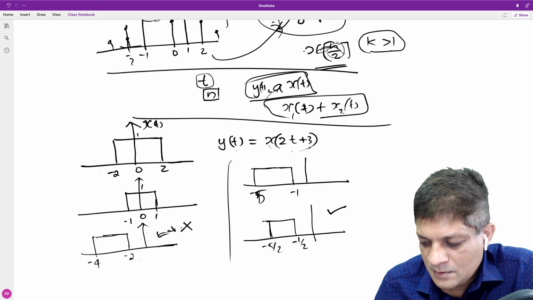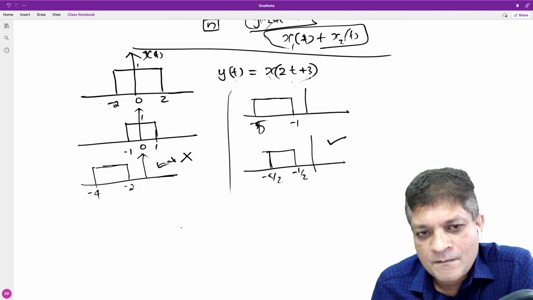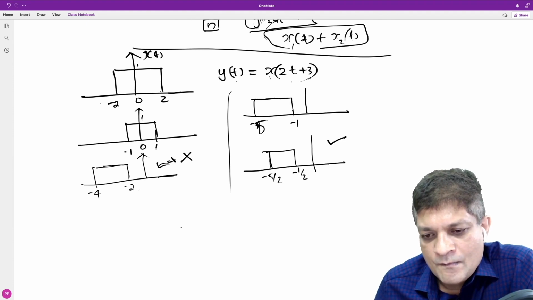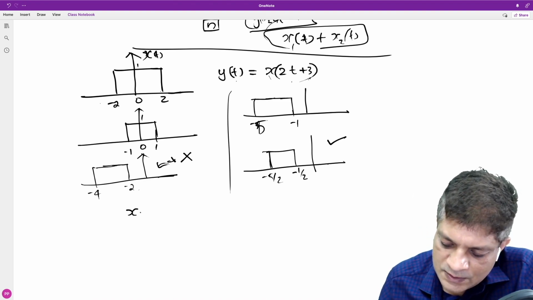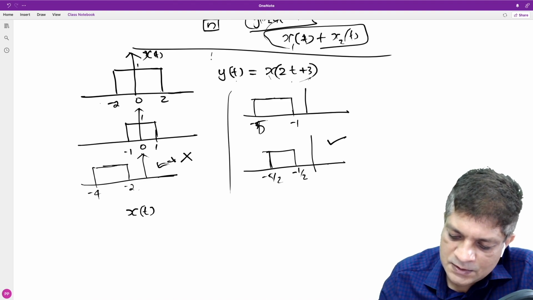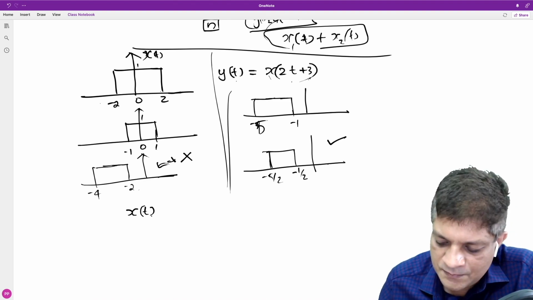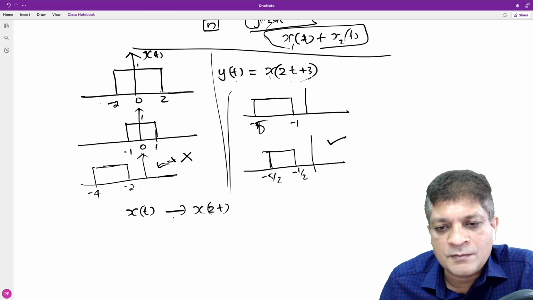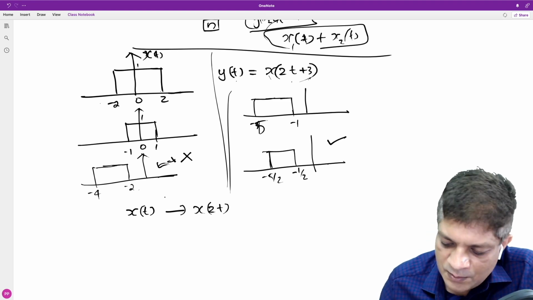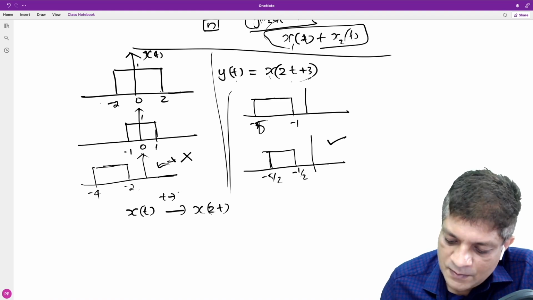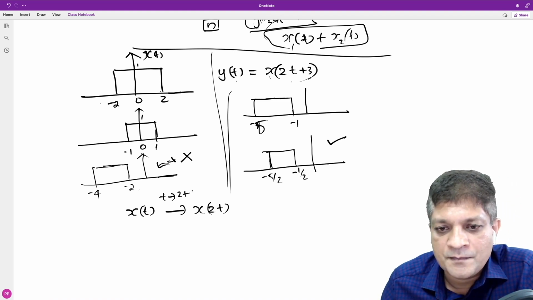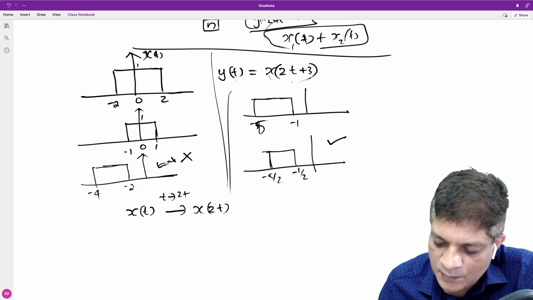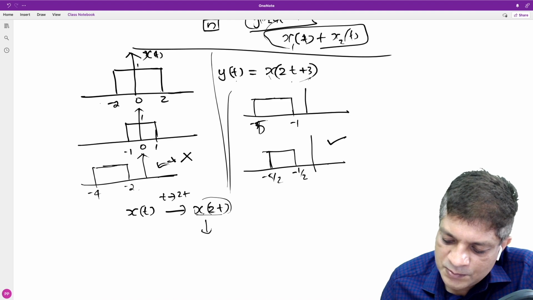This is wrong. Can you tell me what is the reason for that? Sir, because we have to shift by 3/2 in the left one. Shift 3/2. We are starting with the signal x(t). Suppose let us consider these operations like first scaling and then shifting. We are scaling that signal by a factor of 2. What is that operation? We are replacing t with 2t. That is scaling by a factor of 2. Now, what is the next operation? From x(2t), we have to get x(2t plus 3).